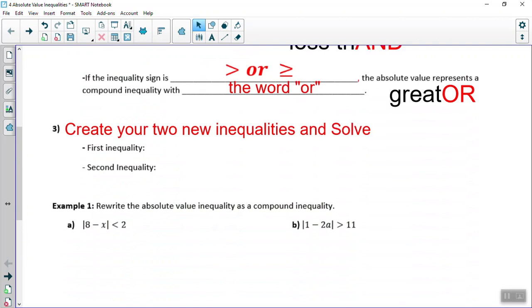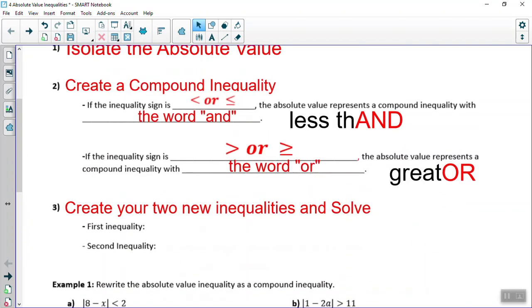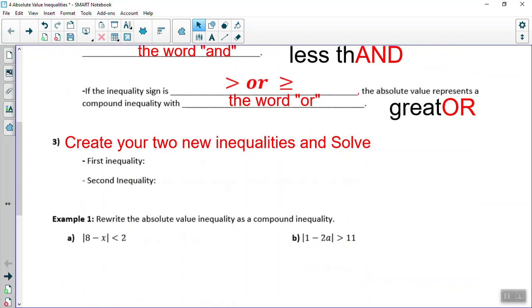Okay, once we have that established of whether it's an and or an or, we'll create our two new inequalities and then solve. Our first inequality is going to be the same sign, same number. Just like when we did the absolute value equations, we'd have to split it up into two different equations.